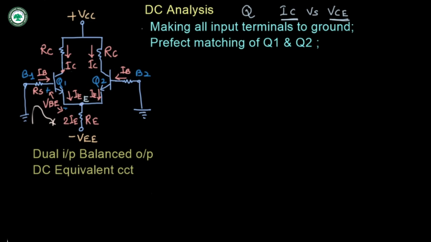Now how to get the DC analysis? It is simply by making all the inputs to ground. So input for the base B1 of Q1 transistor is grounded. Input for base B2 of, say, Q2 transistor is also grounded.